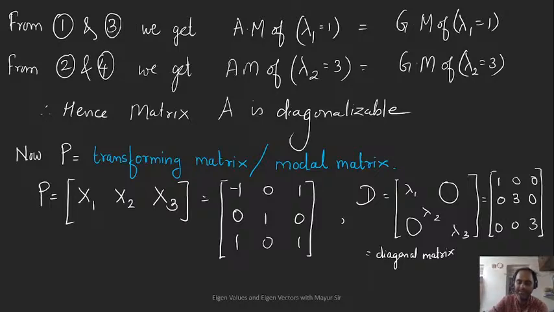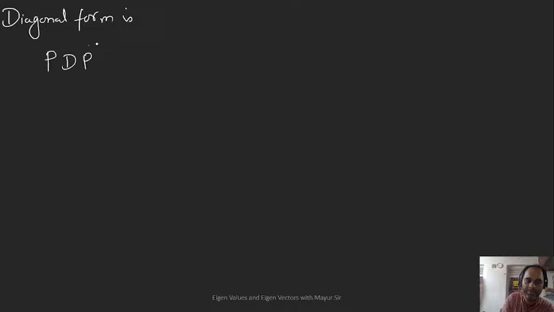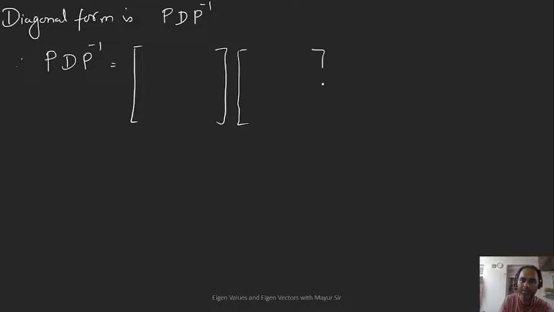Now after this we need to find the diagonal form. The diagonal form is P D P inverse. We have to check and show that P D P inverse comes equal to A. So let us calculate quickly. P is here, D will be this.